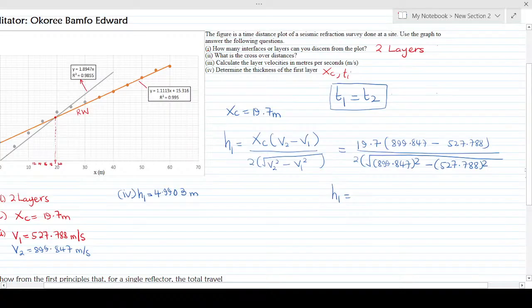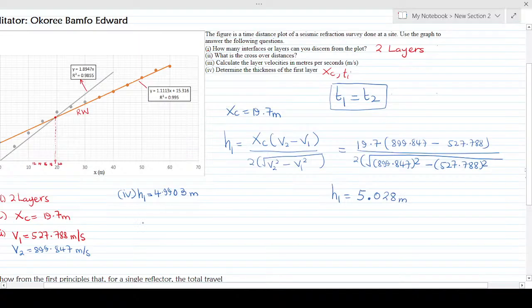Let's find that using our calculator. For that one, we have 5.028 meters.